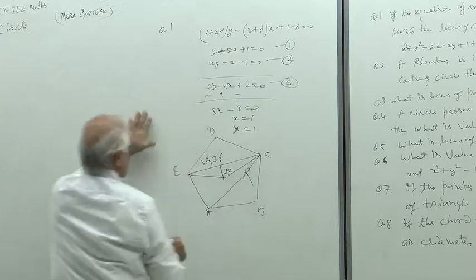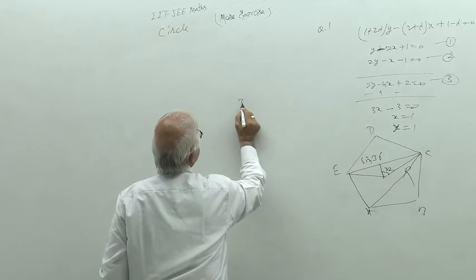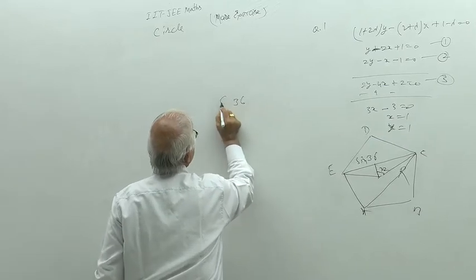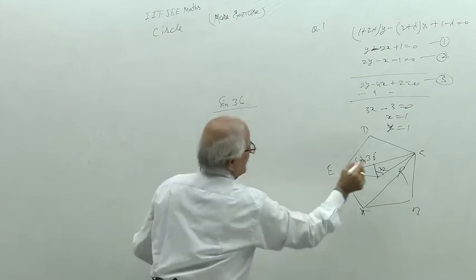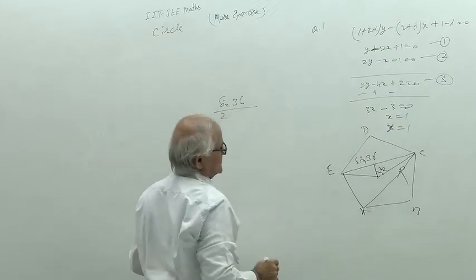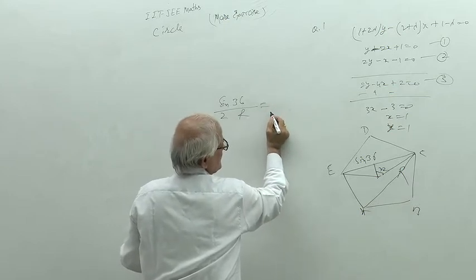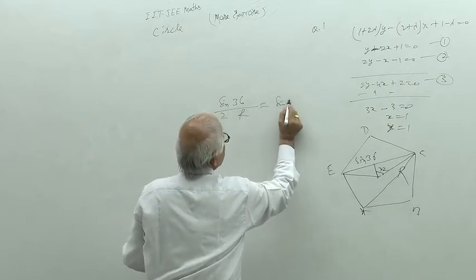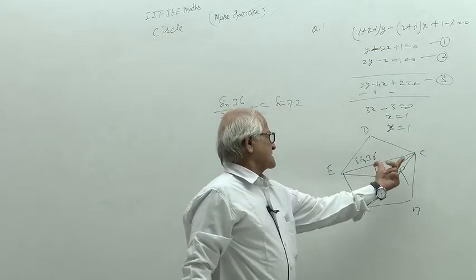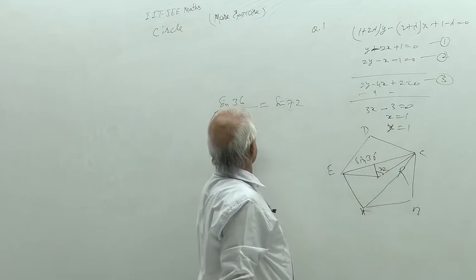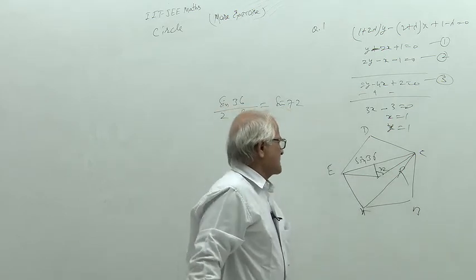Now the length is sin 36, so sin 36 upon 2 divided by R is equal to sin 72, where sin 36 upon 2 is the perpendicular and R is the hypotenuse.